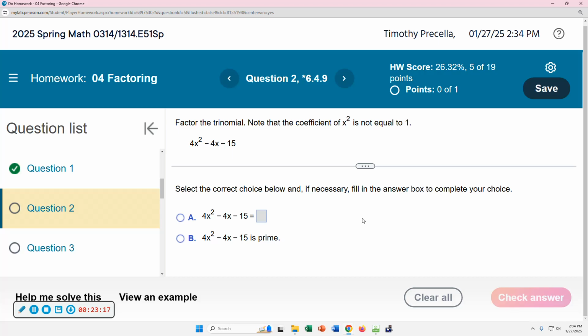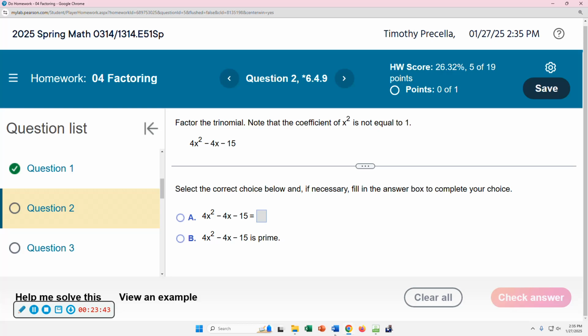Let's do number 2. I don't think my little hint here is going to help. On number 2, we have 4x squared minus 4x minus 15. When I look at this, I think to myself, oh darn. Why?